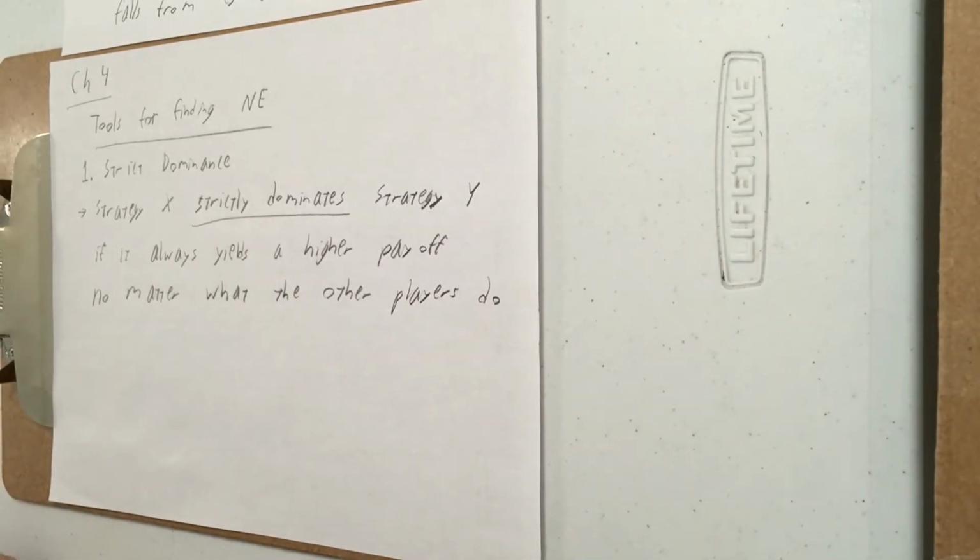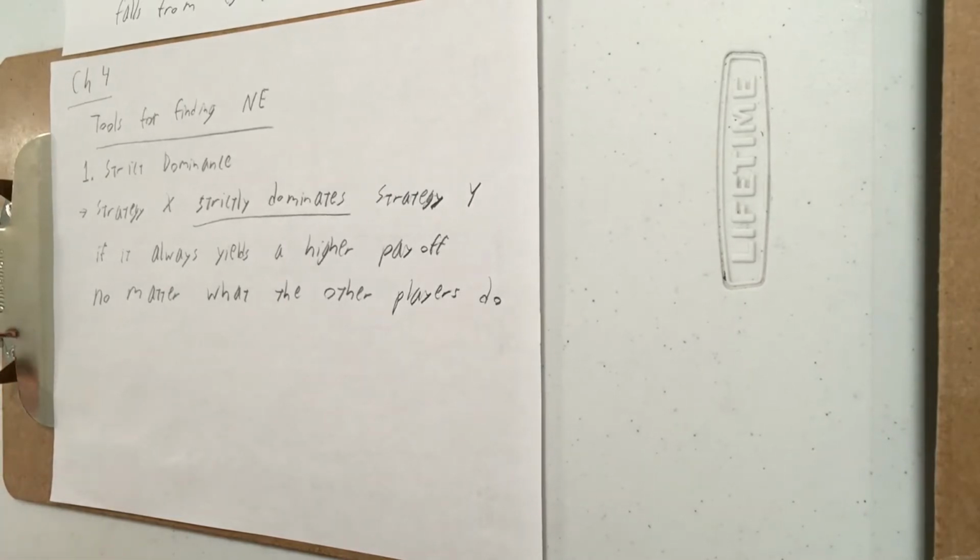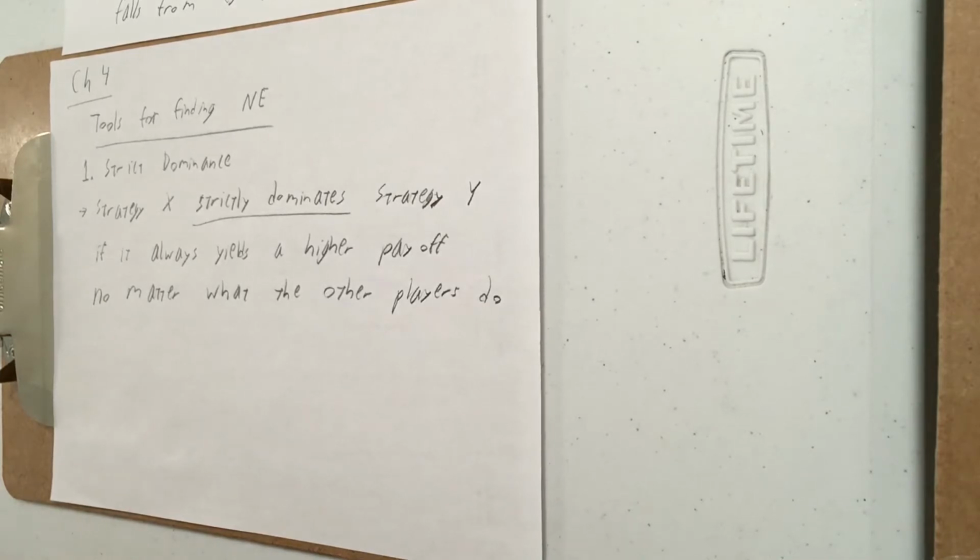So to find a Nash equilibrium, you can eliminate all strategies that are strictly dominated. And all the ones that are not strictly dominated are the ones that survive, and one of those could be the Nash equilibrium.